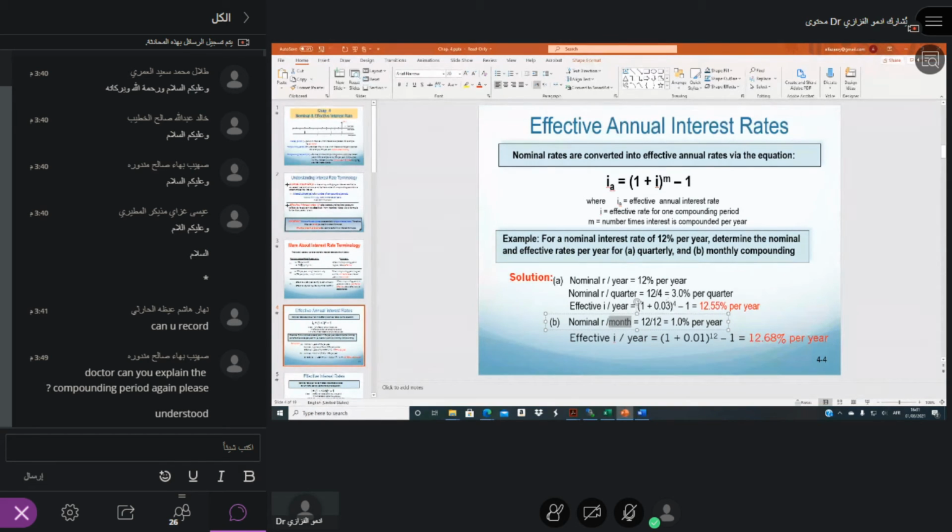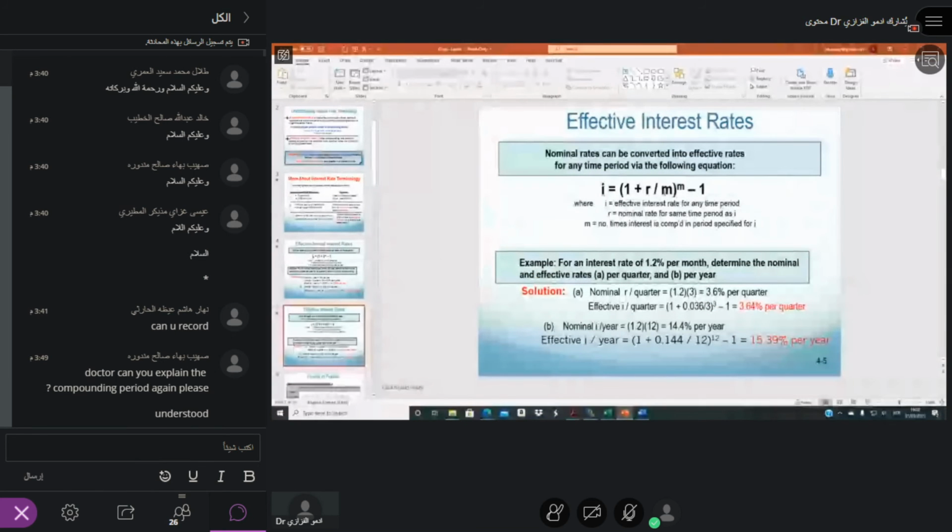So it will be 12% divided by 12 months, which will give you 1% every month. And if you use this to find the effective interest rate, given this compounding, then you just use 1 plus the 1% to the power of 12 months, minus 1, which will give you 12.68%.